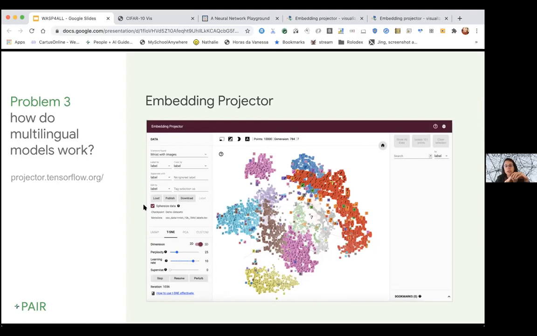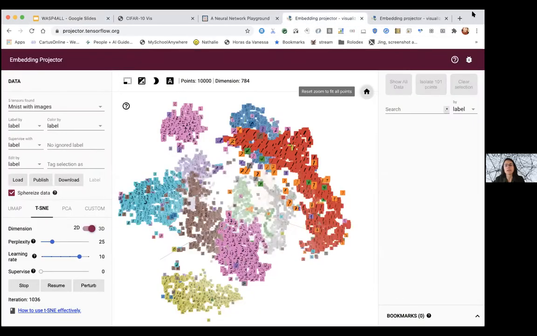And this is a visualization of massively high dimensional spaces. And so we use a series of projections. Let me just start showing you what the embedding projector does, so it's easier for you to see.